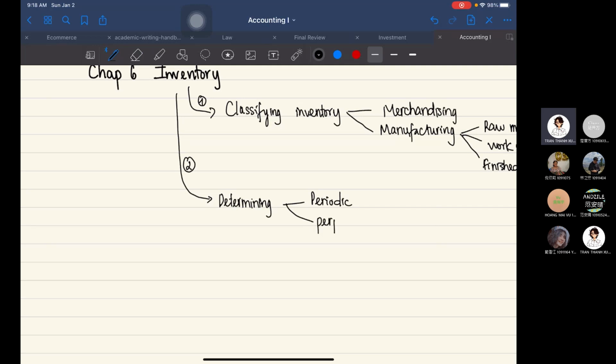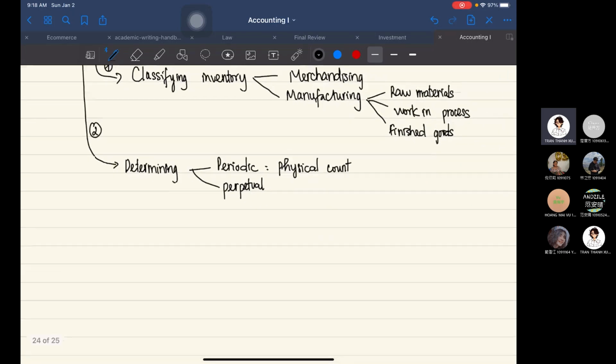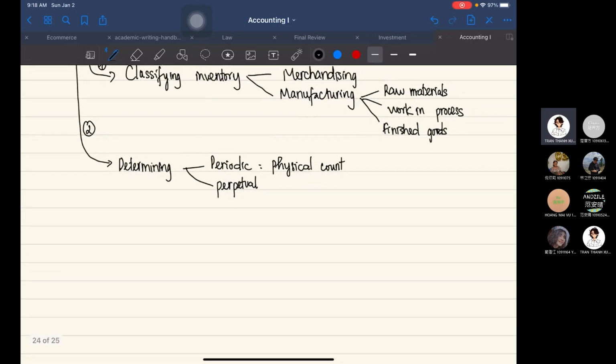For the periodic, they will have a physical count at the end of the year, or when they end the counting cycle.